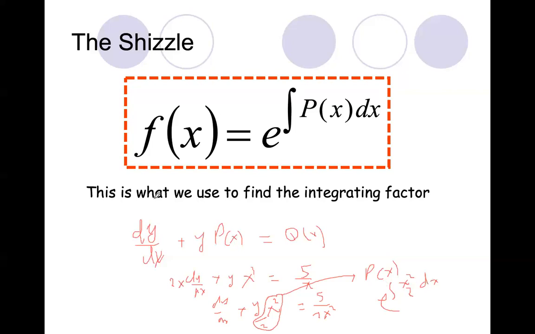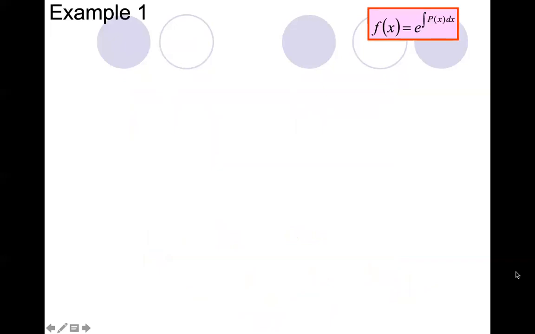So in the future, instead of writing the integrating factor as f of x, we will use I. We will say I, the integrating factor, is equal to this. Okay? So remember that integrating factor.